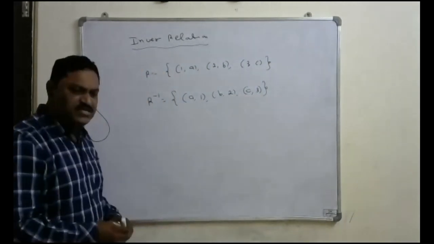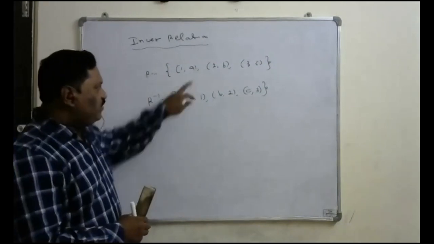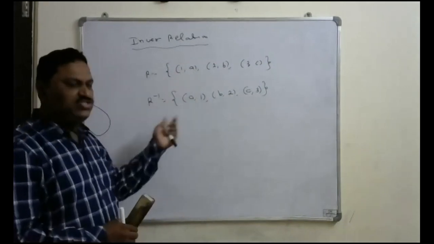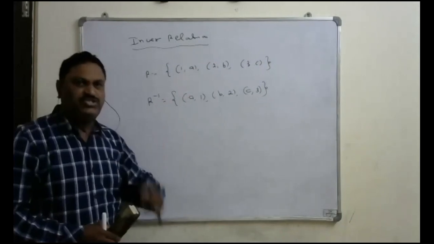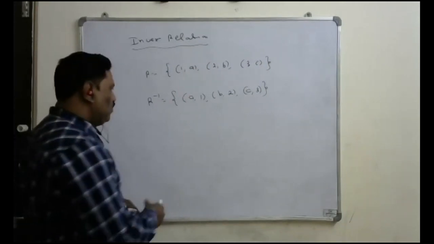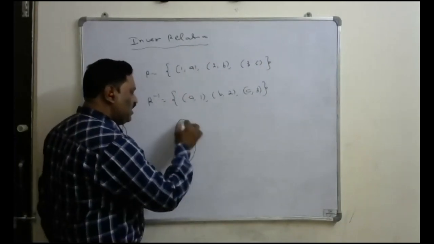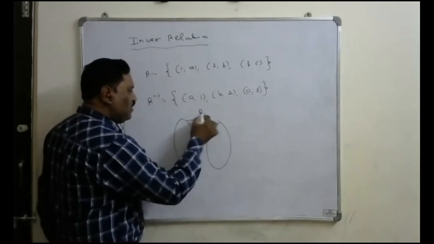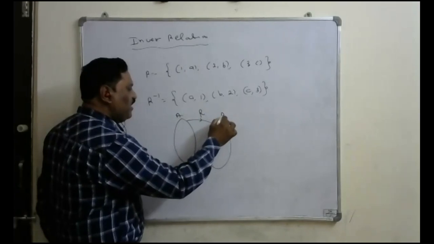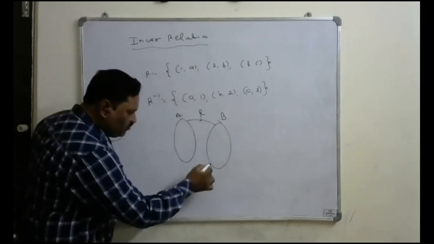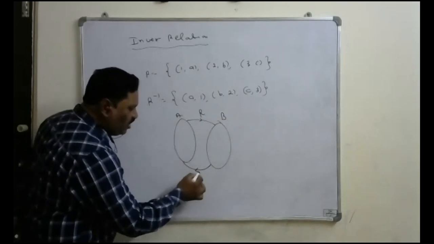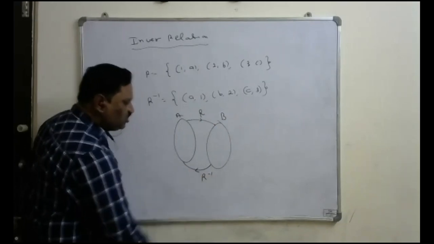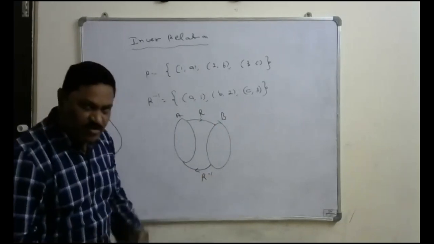(C, 3) is its inverse relation, means in the reverse order if you read the relation, that is called its inverse relation. Okay. So suppose R is a relation from A to B, then the relation from B to A we will call its inverse relation. That is written as R inverse.